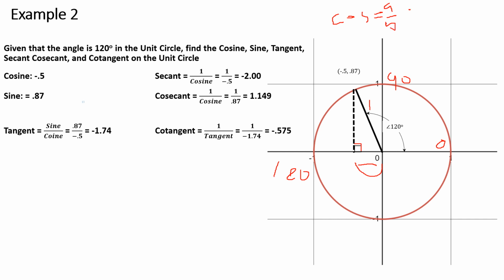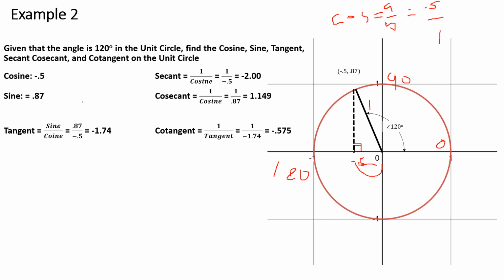And I get negative 0.5 over 1, because the hypotenuse is 1, so in a circle, it's negative 0.5. So it's literally halfway across here. My x is negative, a distance of negative 0.5 from the origin.